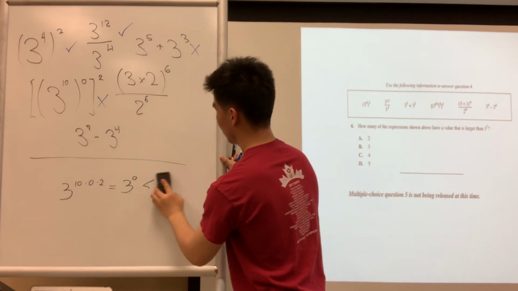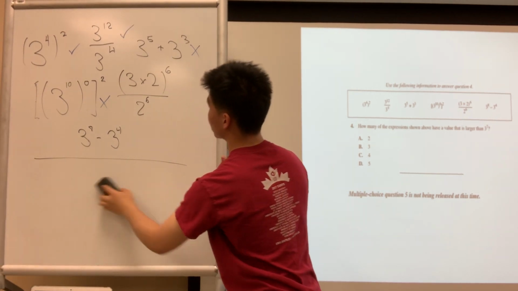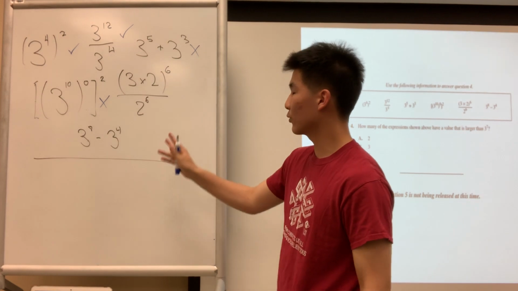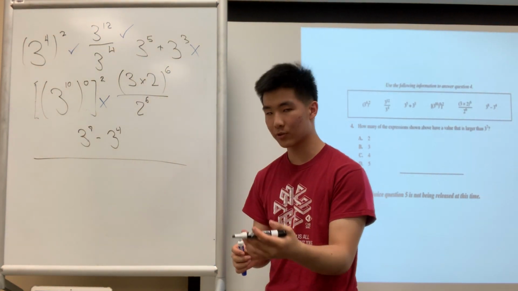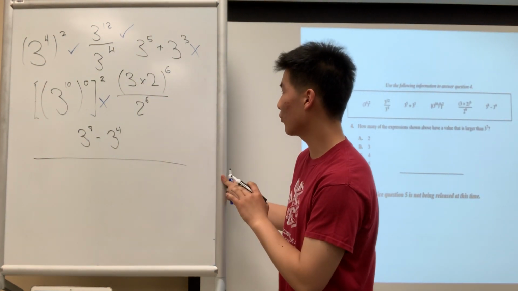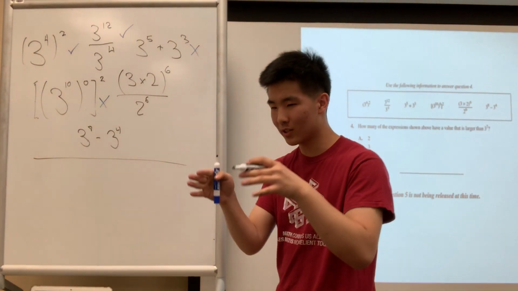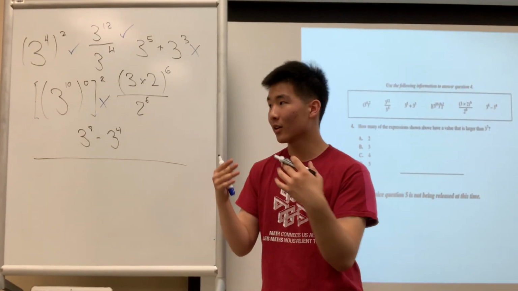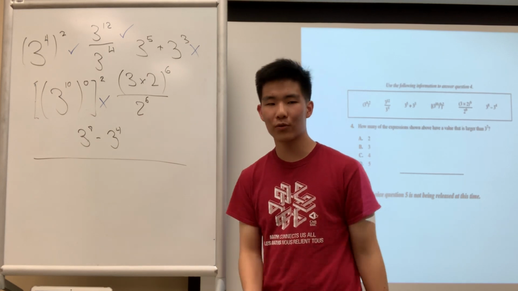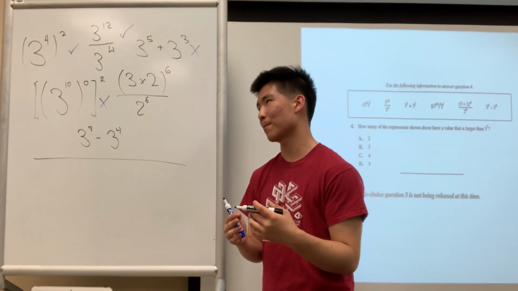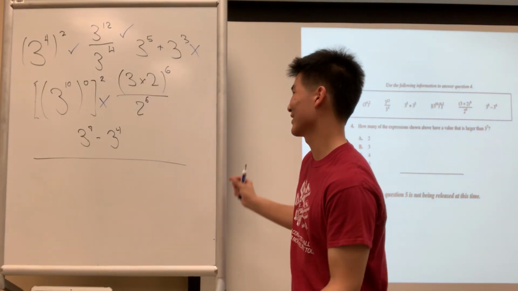All right. So 3 times 2 to the power of 6 over 2 to the power of 6. The nice thing about multiplication in an exponent is that we know the exponent distributes over the multiplication, or the multiplicands of the multiplication.